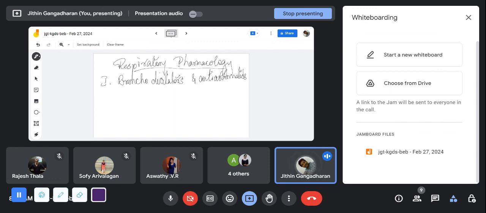The name itself indicates it will reverse the bronchoconstriction. That is the mechanism of action of bronchodilators.